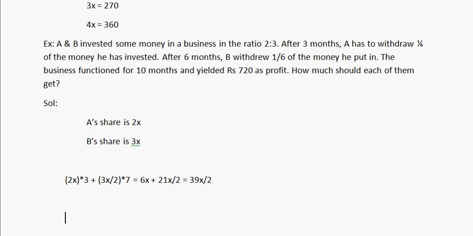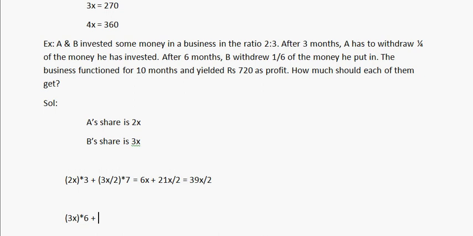Now what worked for B? Let's see. He initially had 3x, which is 6x worked for 6 months, multiplied by 6, and then he withdrew 1/6.